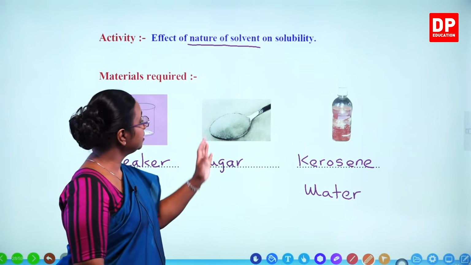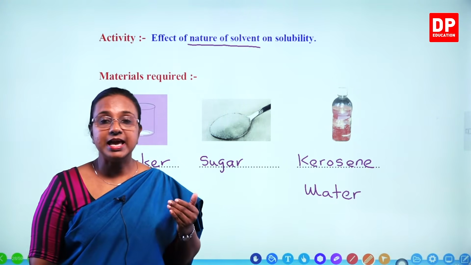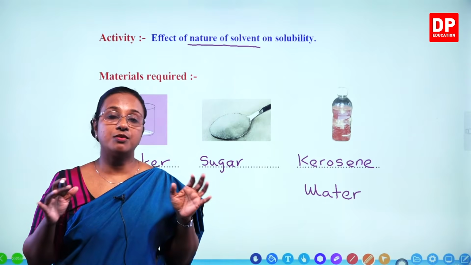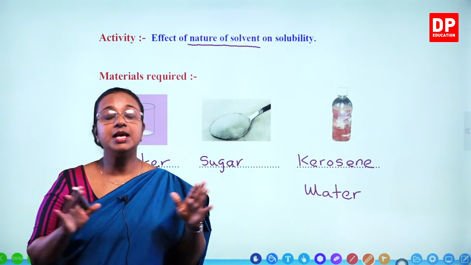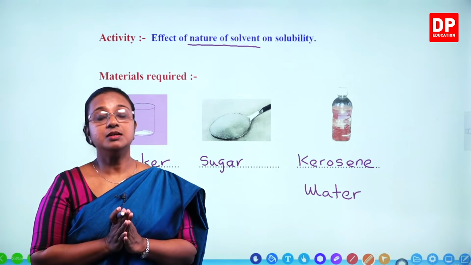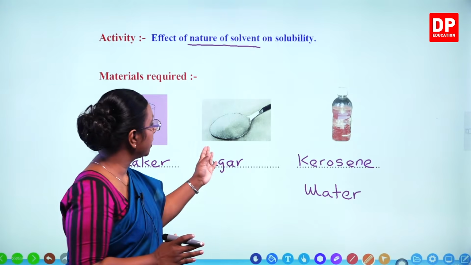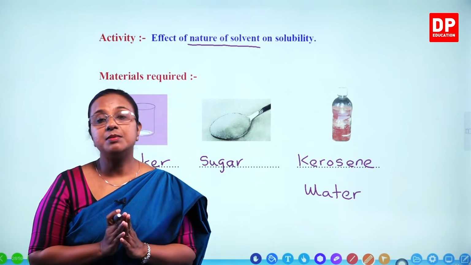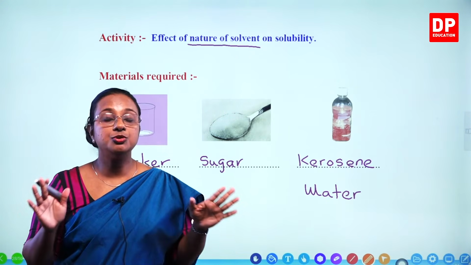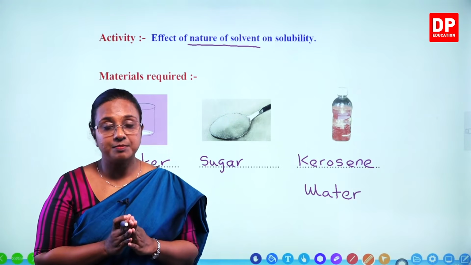The same solute, sugar. What we will do is we will take 50 milliliters of water and kerosene into 2 beakers, and to each of the solvent we will add 5 grams of sugar. Same amount of solute to two different solvents at the same temperature.